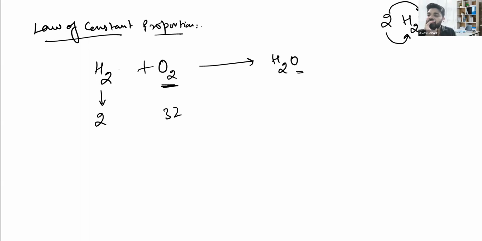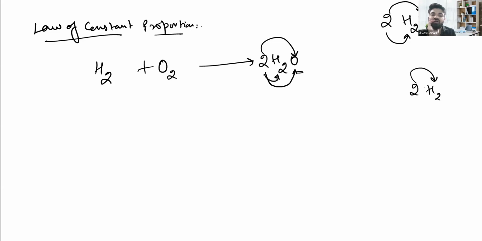Now if I multiply this by 2, it has become 2, and now it is balanced. 2 into 2 will become 4 hydrogen atoms. Everybody understood this? So we have to multiply this one also by 2.